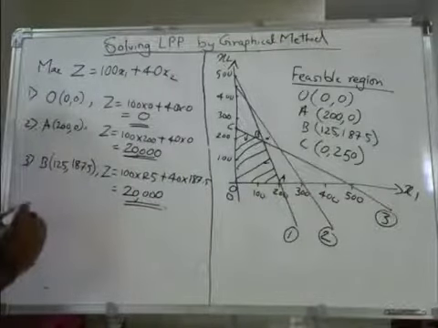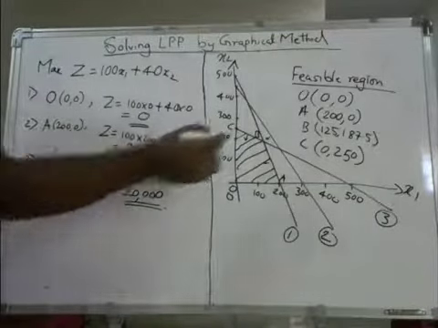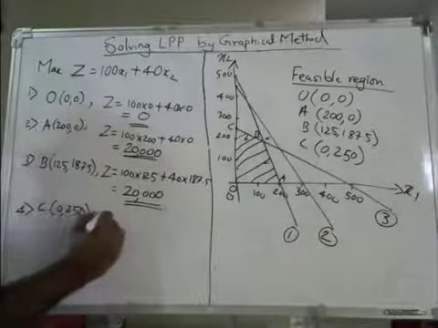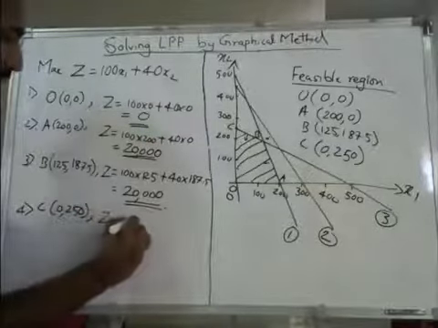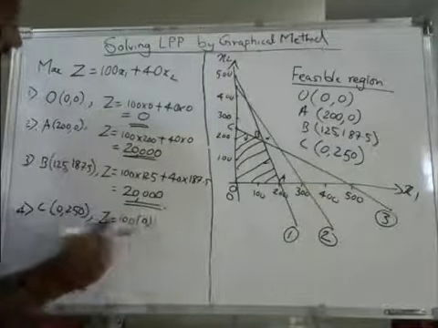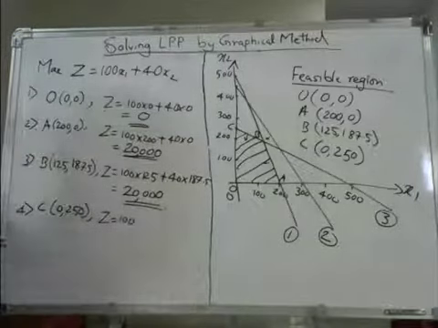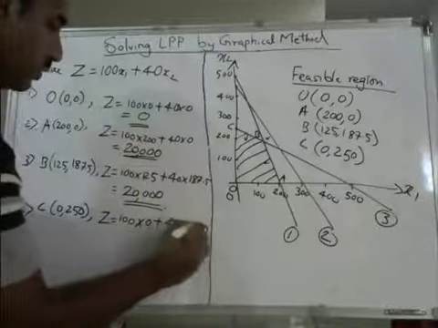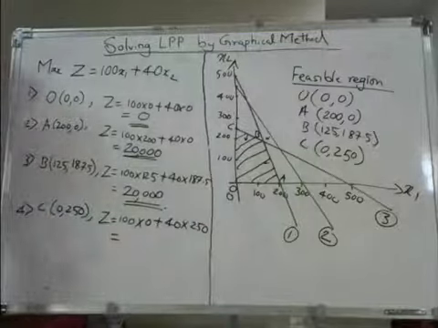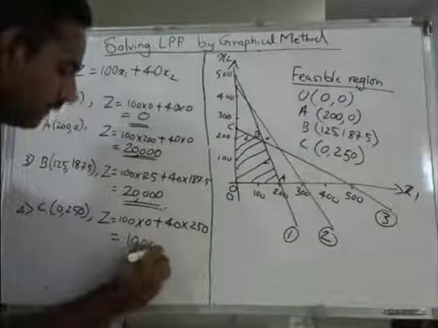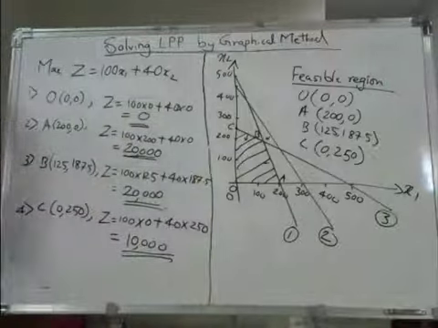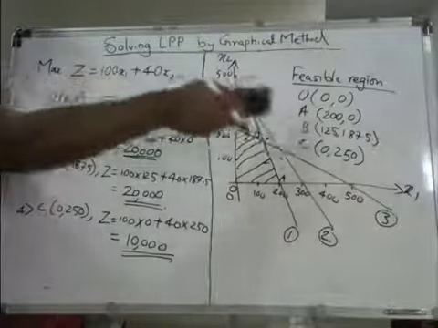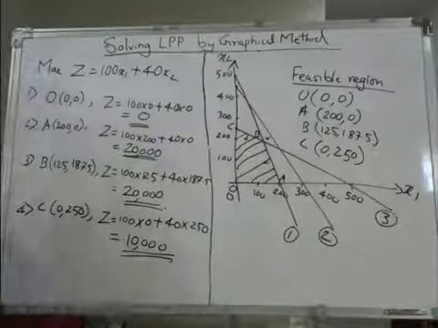Now the last one is C. The C coordinate is 0 and 250. Z is equal to 100 into 0 plus 40 into 250, that is equal to 10,000.